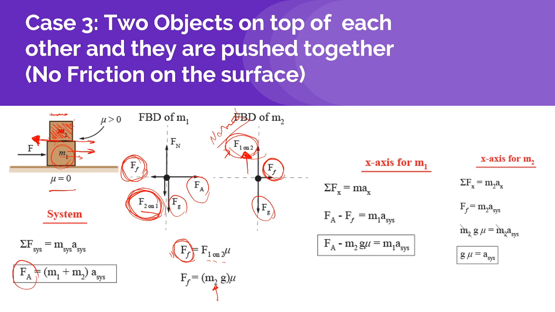Looking at this free body diagram, there's only one force going down and one force going up, and that means my F1 on 2, which is F2 on 1, are the same, and it's equal to the gravitational force of the second mass. And that's equal to mu times this gravitational force, which is equal to the friction, and this friction and this friction are action-reaction pairs, and they are also equal to one another.